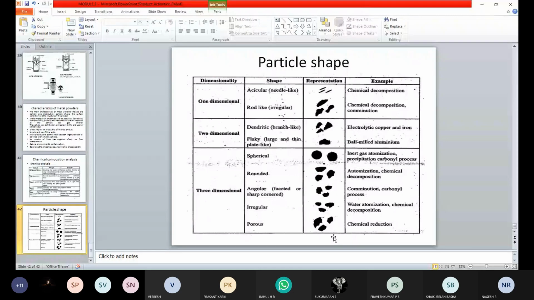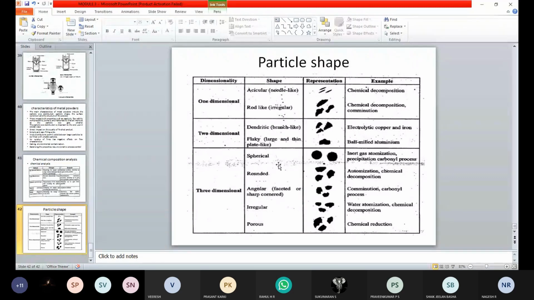You can remember the particle shapes: needle-like, irregular, branch-like, large and thin plate-like, spherical, rounded, angular, irregular, and porous.